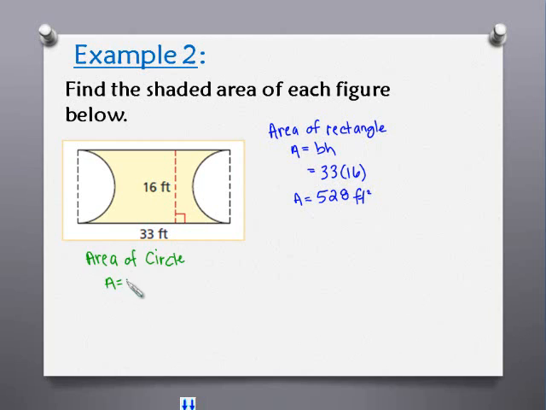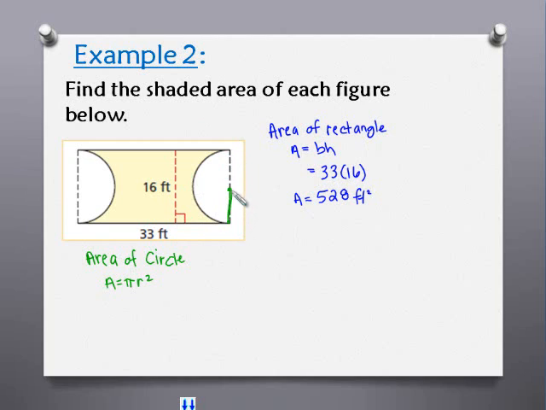Okay, the area of the circle is pi times your radius squared. Your radius goes from the center of the circle to the outside, to one point on your circle here. There's no information over here to help me find that, but I do have the height of the rectangle, which tells me that this whole length right here is 16, which would be the diameter.